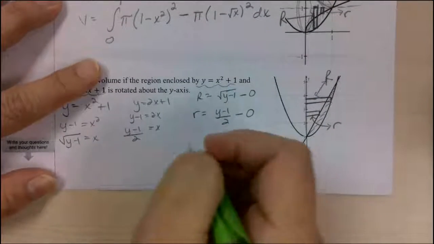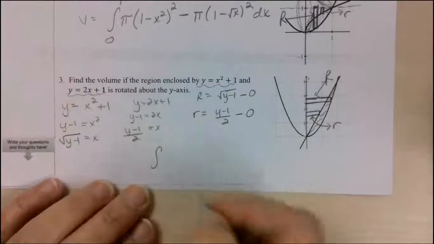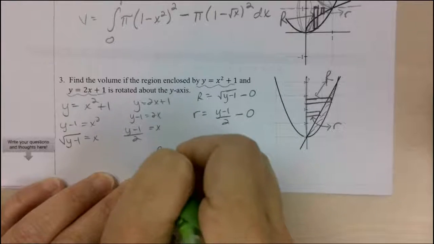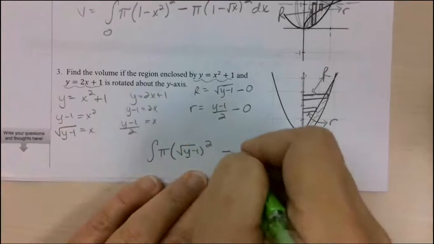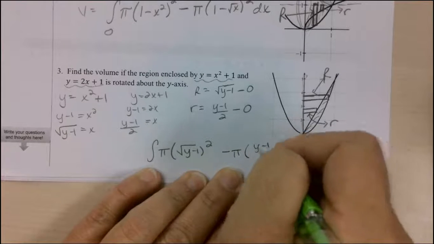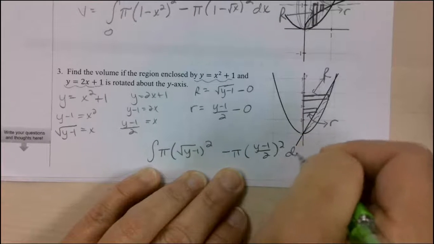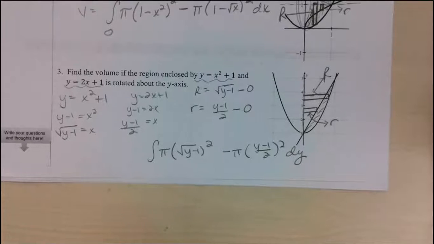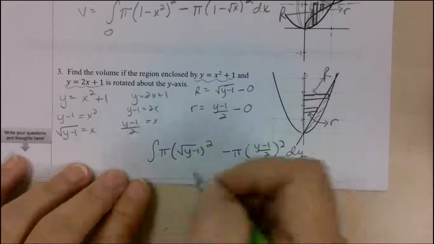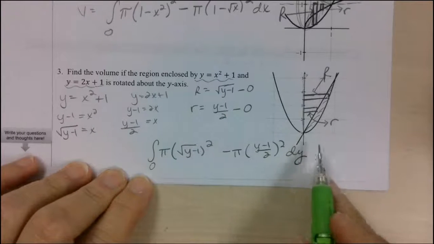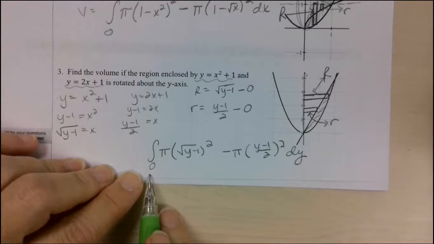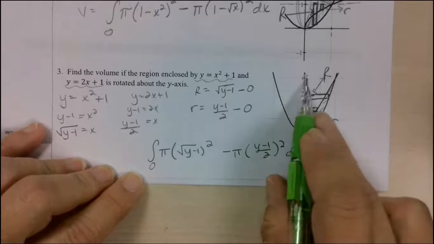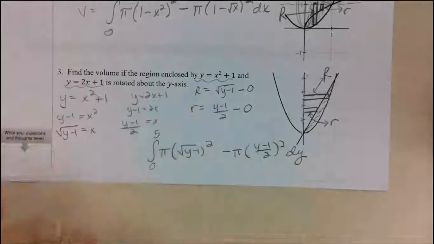And now that we have big R and little r, we can write the integral. Pi big R squared minus pi little r squared dy. And notice since this is dy, we need to put y numbers on our integral. I'm starting at 0, and I'm going to go to 5.